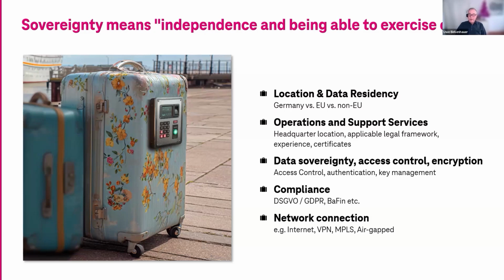Then you have all this access control. So who is controlling the access? Who is controlling the authentication and also the key management? Which regulations are followed, so compliance to which regulations is important, and also the network connection. What if you have the best platforms, but the networks are not secure? You again have a point where sovereignty can be breached.